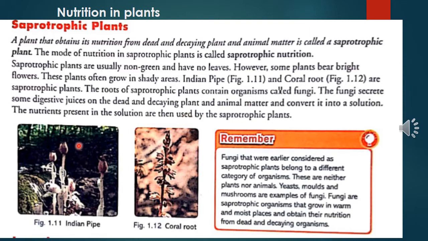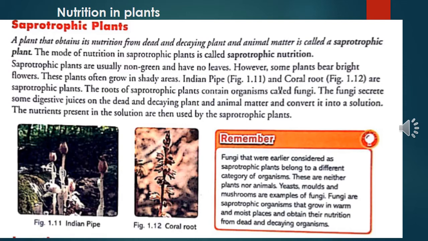Saprotrophic plants are usually non-green and have no leaves. Since they cannot produce their food, they do not have chlorophyll, and their leaves are not available, and also their color is non-green.